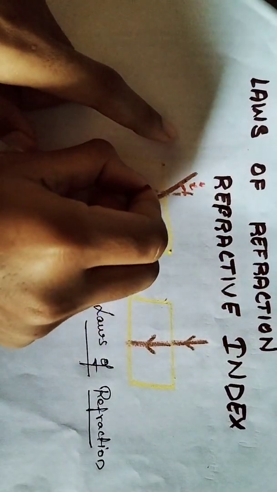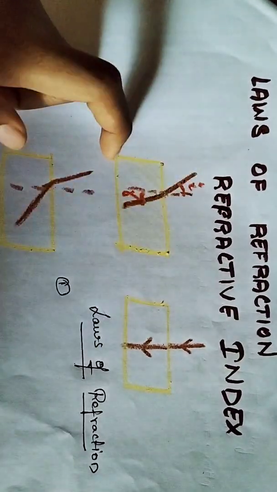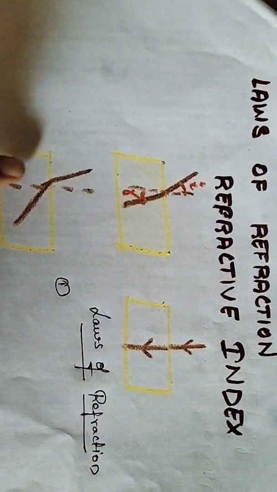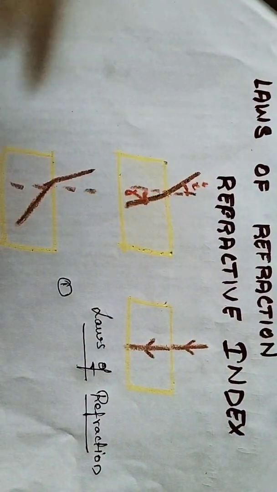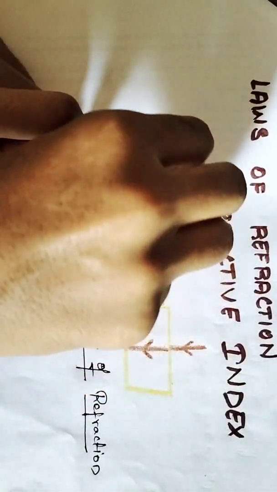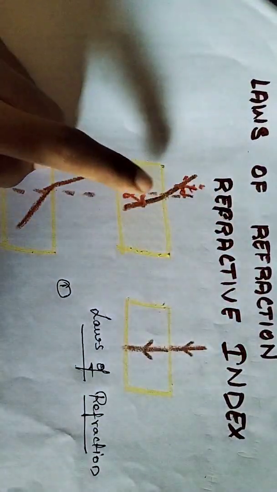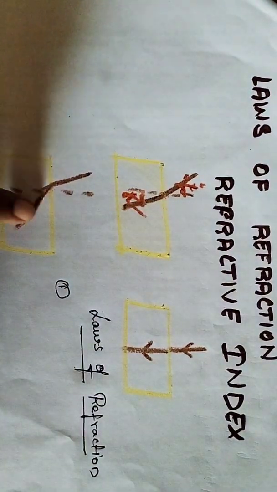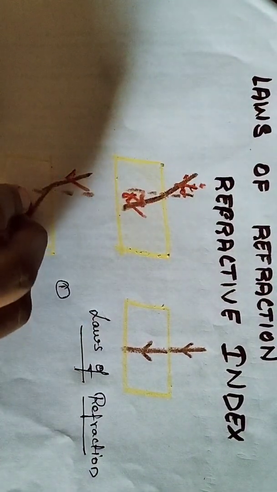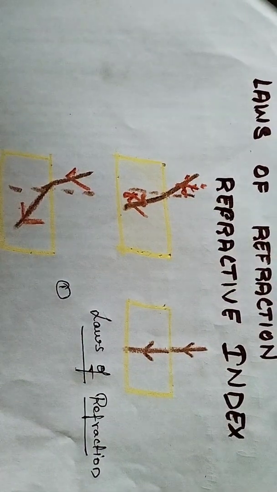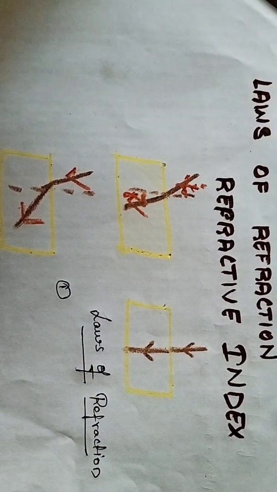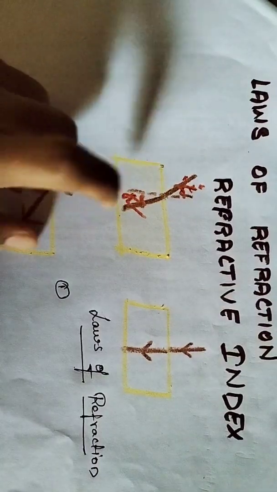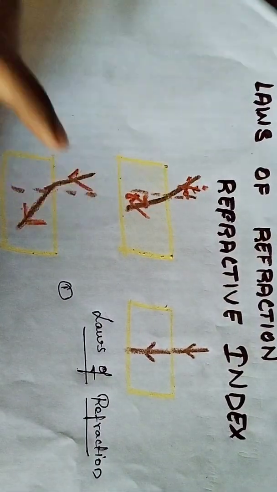The angle between the normal and the refracted ray is the refracted angle. Likewise the same over here. So this is the incident ray and this is the refracted ray, and this is the incident ray, this is the refracted ray. Correct?